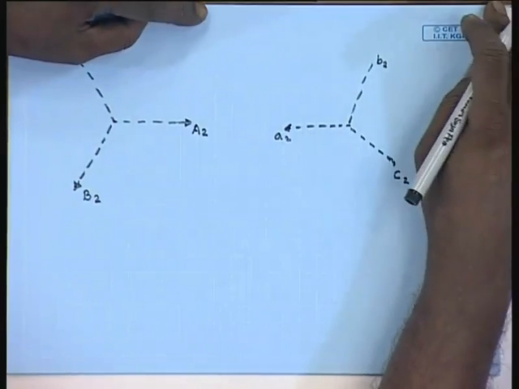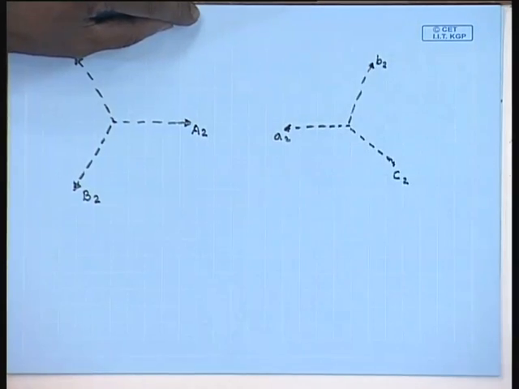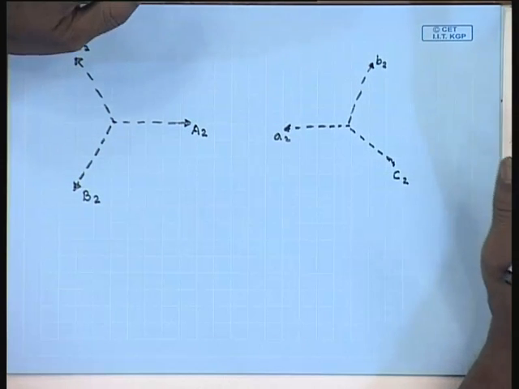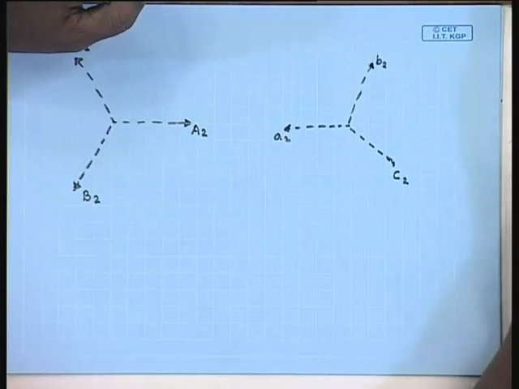Please remember that the connections have to be such that the winding voltages are either in phase or they are in opposite phase. So, what will be the voltages across the windings? It will be the line voltages. So, where will be terminal A1?